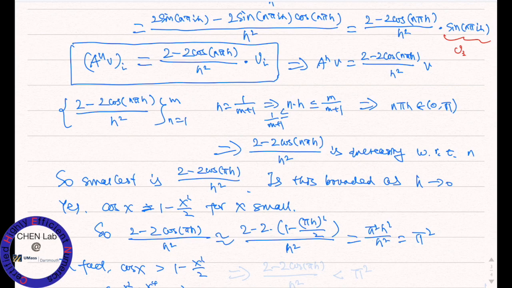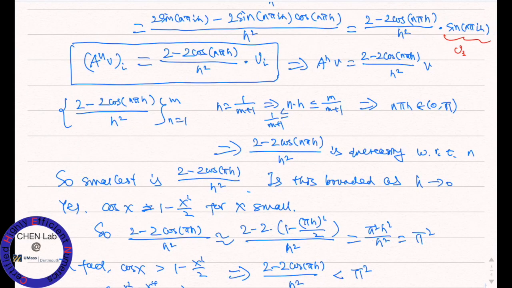So negative cosine is smaller than that. Which means what we did above, 2 minus 2 cosine pi h over h squared, because of the negative sign that changes the direction of the inequality, is less than pi squared. So we bounded that.